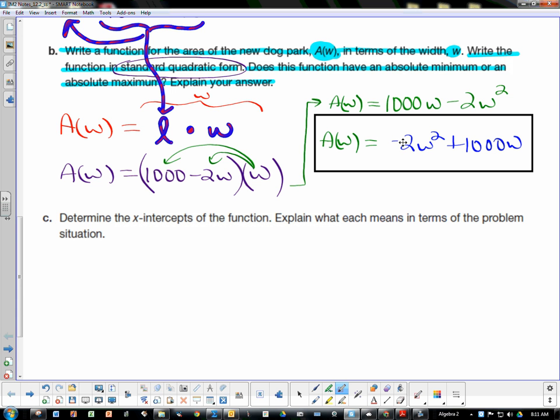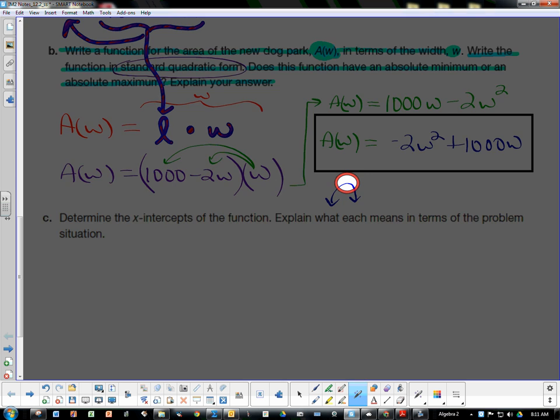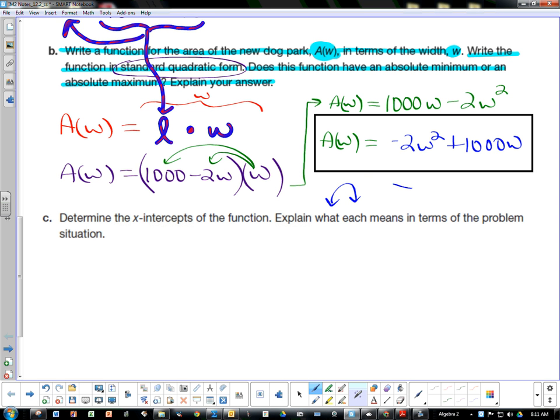This one here, do you agree, if this is a negative, tell me about the shape of this thing. It's going to open down, right? And if it opens down, draw yourself a little picture. We know it's going to open down, therefore, it's going to have an absolute maximum. Absolute maximum, yes. Good.